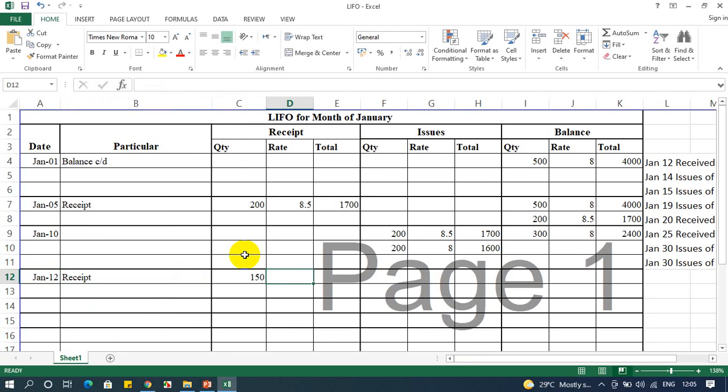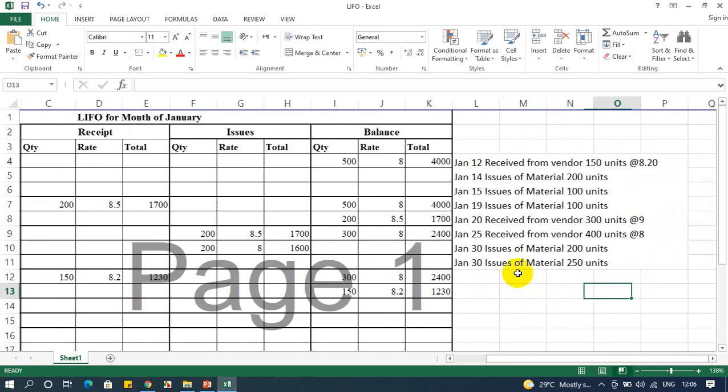So writing 8.20, this is equal to 150 multiplied by 8.20, 1230. So what is the old balance left? 300 units, rate of 8, 2400, right? And the new balance which came is 150, rate of 8.2, and then 1230, right?